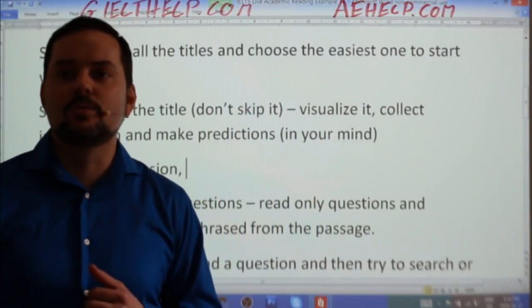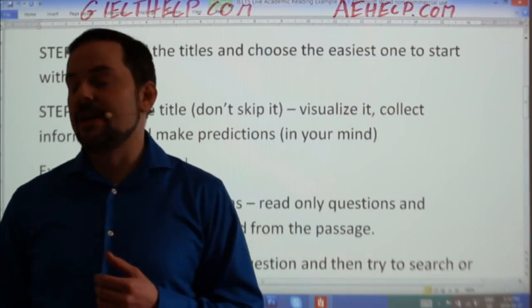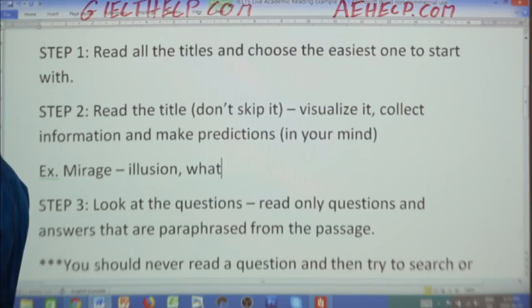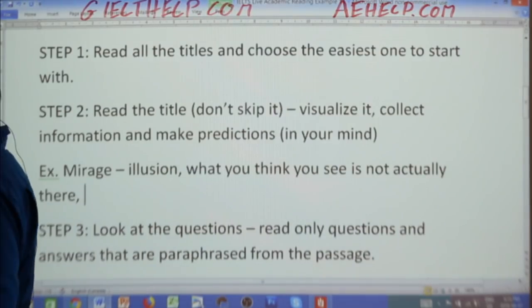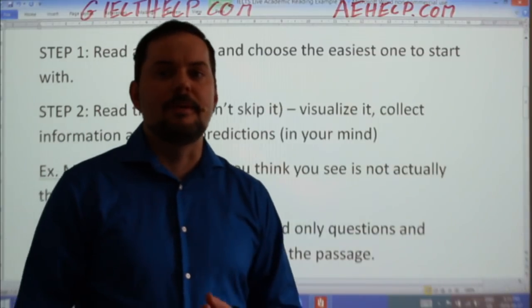Okay, so Maria says, what you are believing is not what you're actually seeing. That's true. That is an illusion. So what you think you see is not actually there. Okay? So how do we perceive an illusion? Remember your 5 senses.